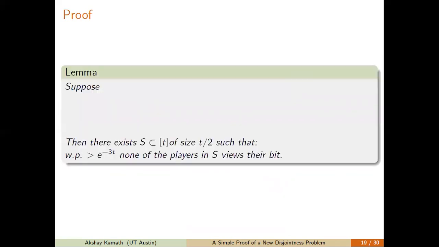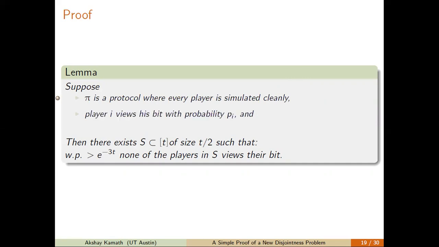The second lemma that we prove is another lemma about clean protocols. So suppose pi is a protocol where every player is simulated cleanly. Further, suppose that player I views his bit with probability pi when every other player receives input 0.